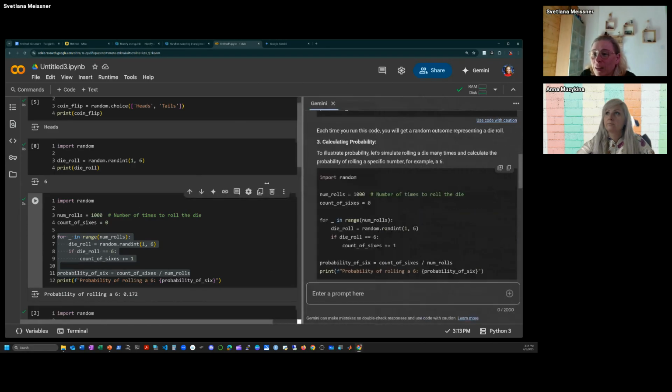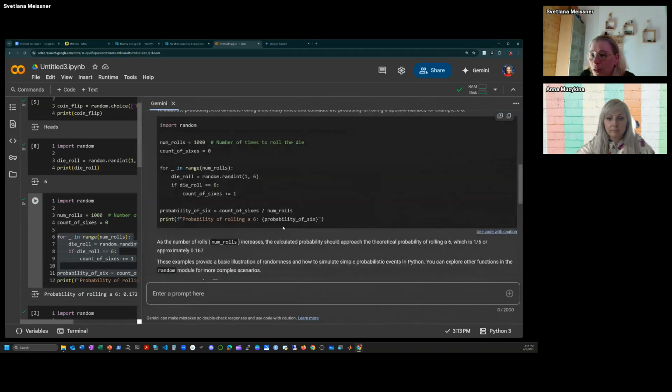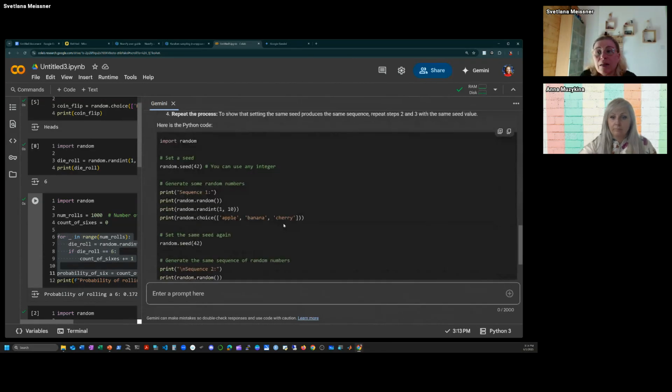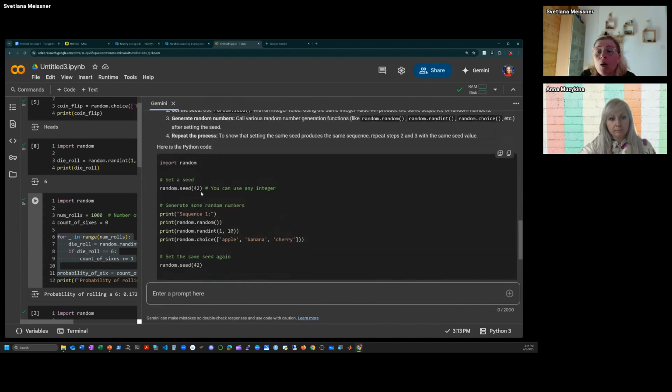What is interesting next is to think about randomness and the computer. To demonstrate this, we are using the seed. Usually, if you are experimenting with a computer, in the beginning of generating random numbers you have to set the seed.